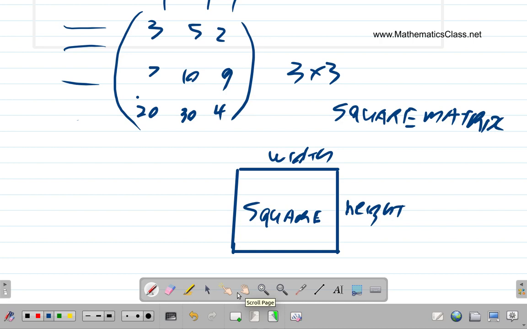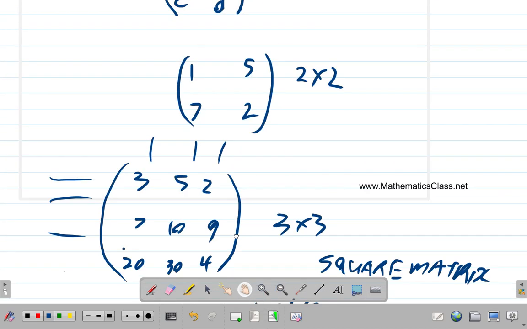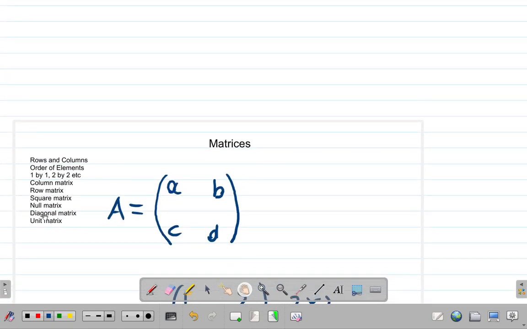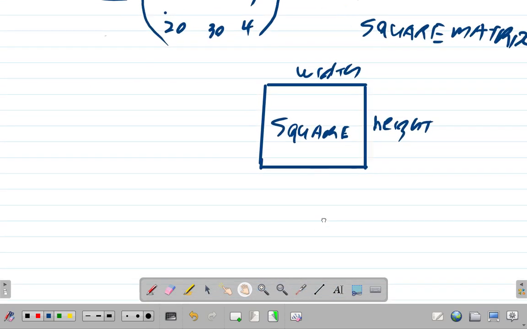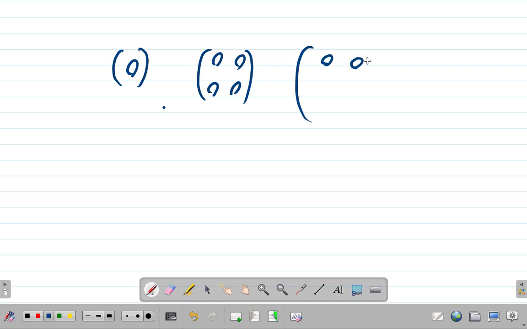Nice. Now, let's look up here. The null matrix. What is that? Suppose you have this matrix, or you have this matrix, or you have this matrix. What kind of matrix is that?